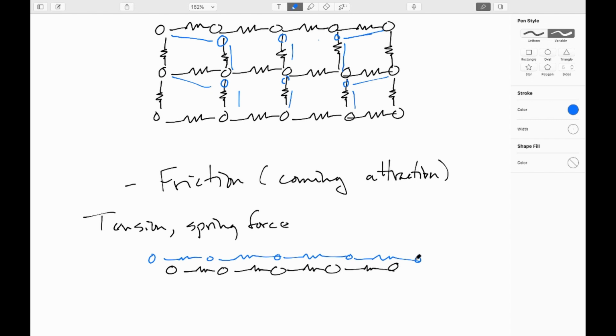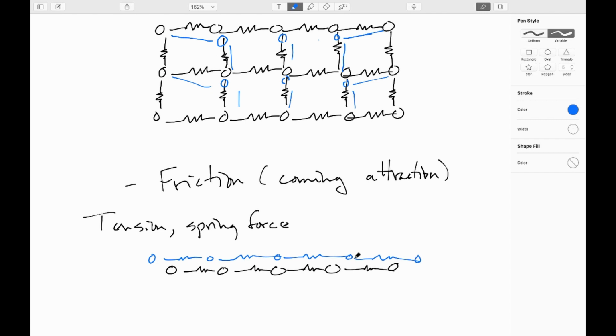With a spring, the same kind of thing happens, except you also allow for the possibility of the bonds to compress. And if that's the case, it'll try to return back to its original shape by trying to push the things that are doing the compressing out of the way. With tension, like with a rope or a string, that won't happen.